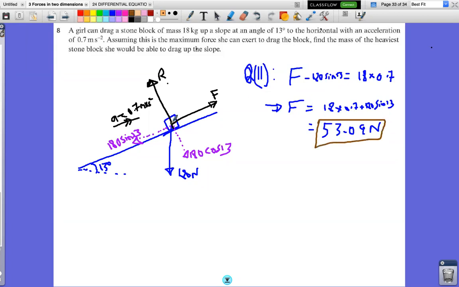So we should find the maximum mass that she can drag up the slope.